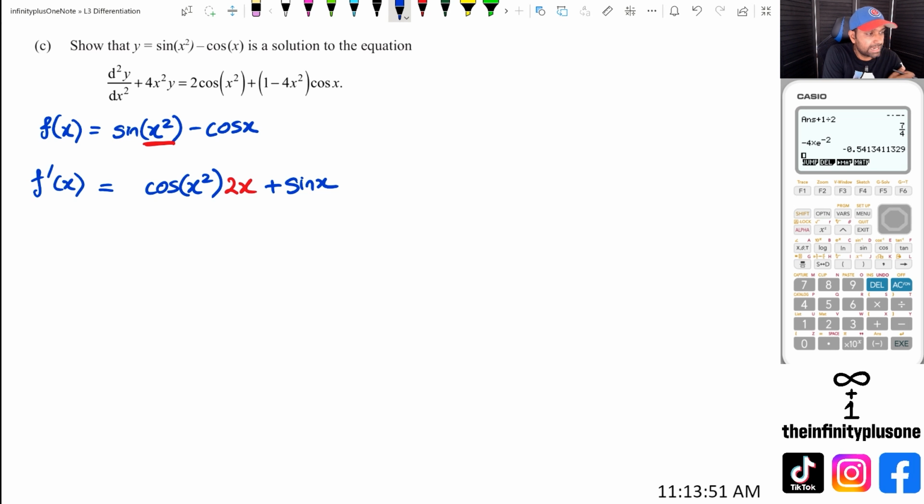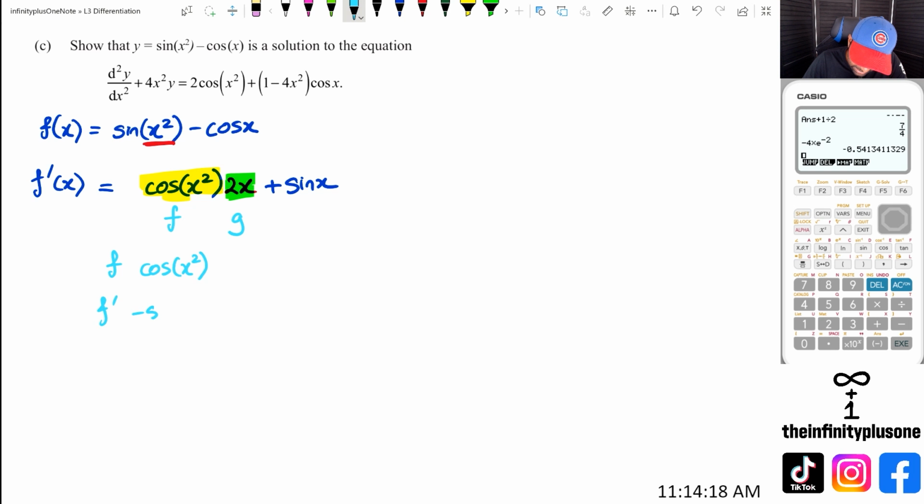Now this is f dash of x. Now we need to work out f double dash of x, which is the same as d2y over dx2. To do that, unfortunately, I have to use the product rule here, because this is where the product rule is happening. So I'm going to put this as f and g. So f is going to be cos x squared.